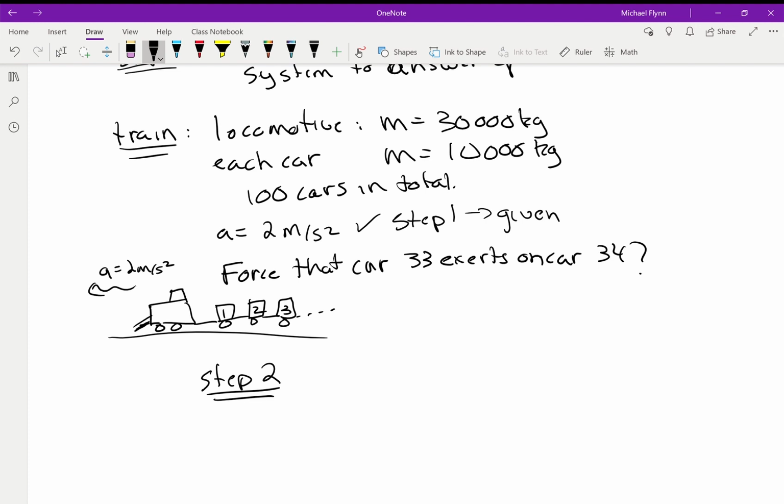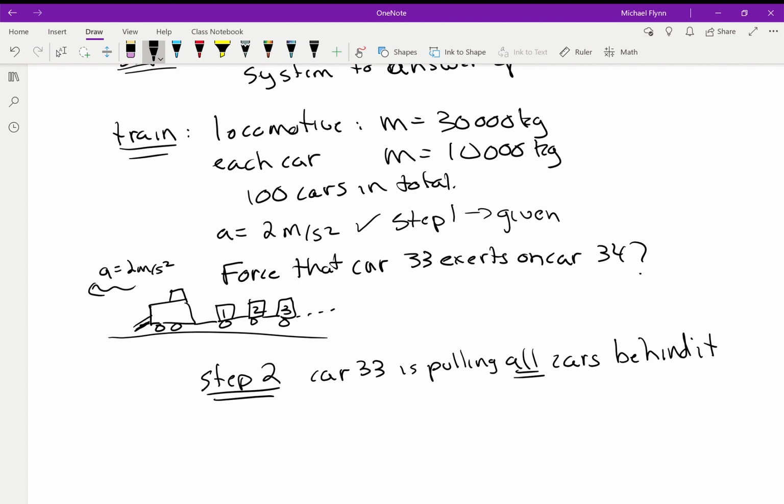What we're going to do is realize that car 33 is pulling all cars behind it. So how many cars are behind car 33?